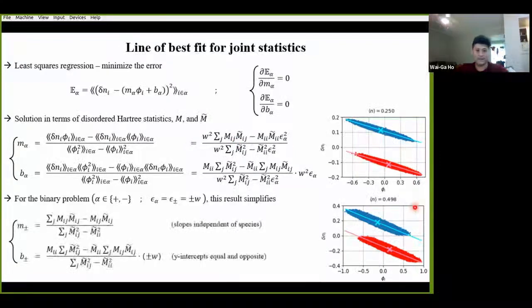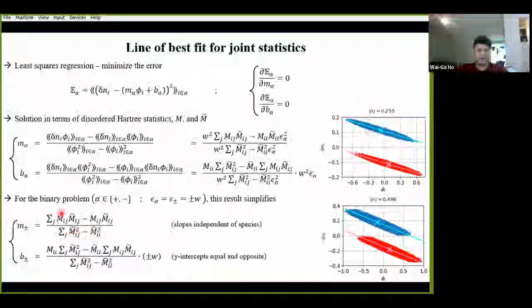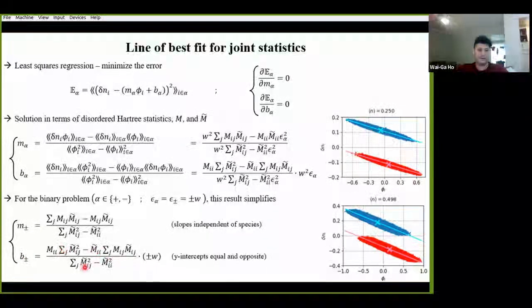So, just looking at the binary problem where epsilon alpha is either plus or minus w, we can see that things simplify a bit, and that the slopes of either one of our species are going to be the same, while the y-intercepts are going to be equal and opposite as a result of the signed result over here. All right, so this is how we can determine what the best fit line is, and how these will correspond to the linear QV trends from the Must paper that we're after.